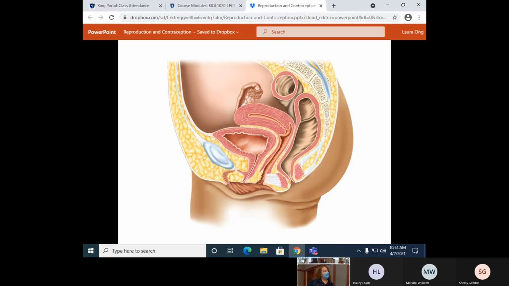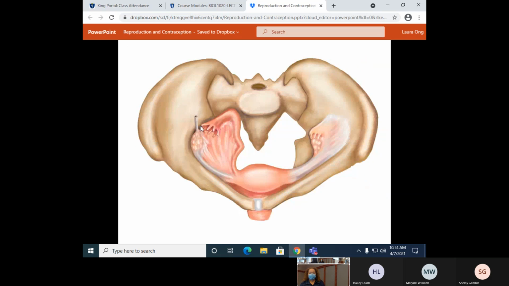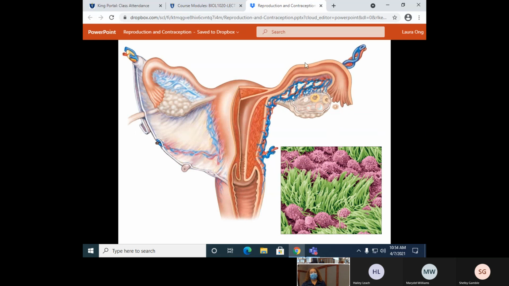So on exam 5, what I tend to do for the anatomy section is there will be different diagrams shown. So it could be this one, it's not this, or this one.